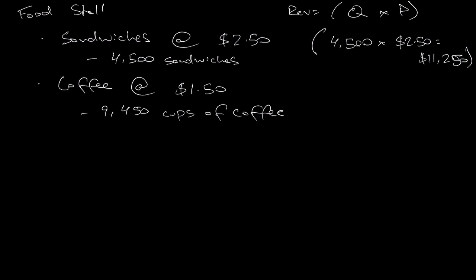And so that equals, I'm going to run out of room here, $11,250. Now the coffee sold 9,450 cups of coffee at $1.50 each. That means that we've earned $14,175 from coffee. Now, to determine the total revenue for the month, I'm just going to add those two figures together.